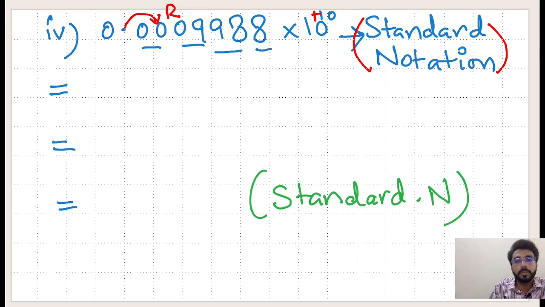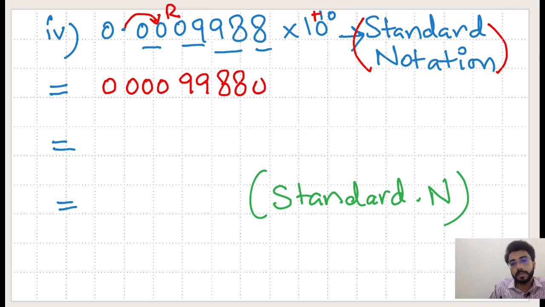Let's count 2, 4, 6, 8. 8 digits is here. 0, 0, 0, 0, 99, 88. 8 digits, we have to write 3 zeros here. 3, 6, 9, 10.